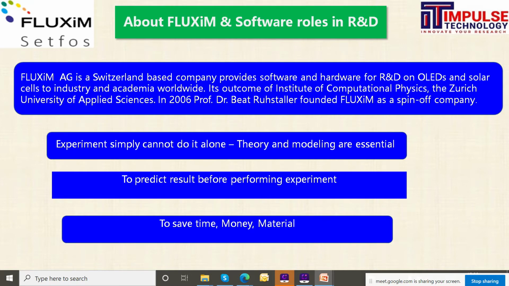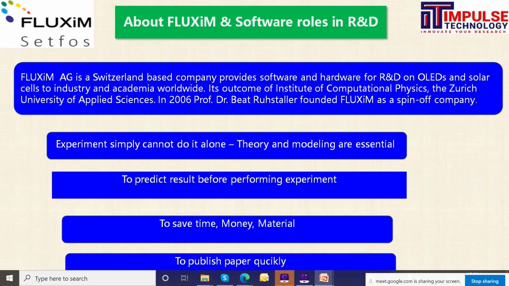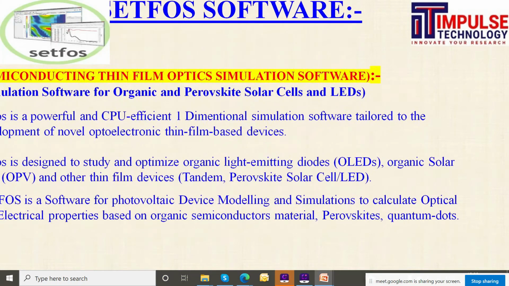You can do different iterations and optimize your structure, your solar cell and LED, until you get satisfactory results. Then you can go for fabrication and compare the results. You can also publish papers quickly using software alone. It is not compulsory to have experimental techniques to publish a paper; simulation software can also publish a paper quickly. That's why software plays a major role.